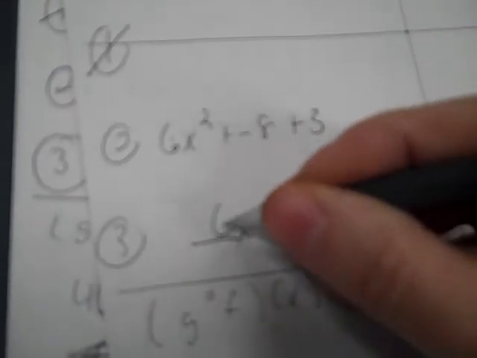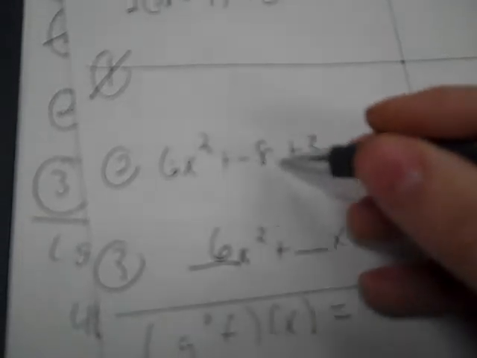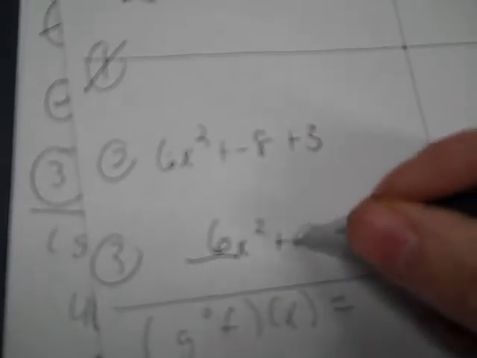So I have 6x to the second. I don't have any regular x's, so I delete that from the problem. Keep the plus sign there, though. And then negative 8 plus 3 is negative 5. So we have 6x to the second power plus negative 5. Now I put the 2 in for x. 19.